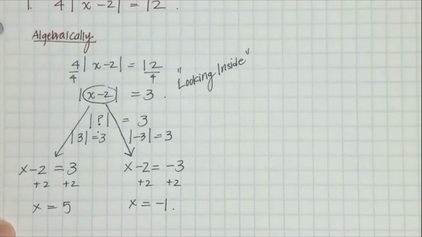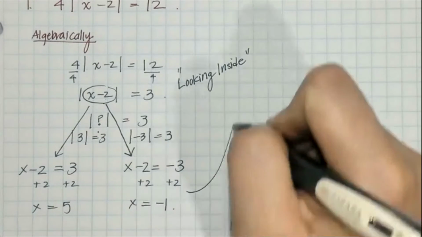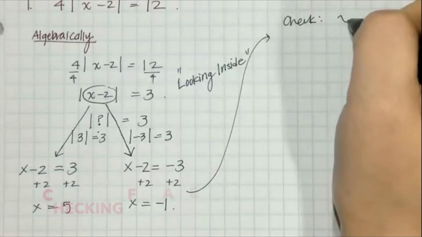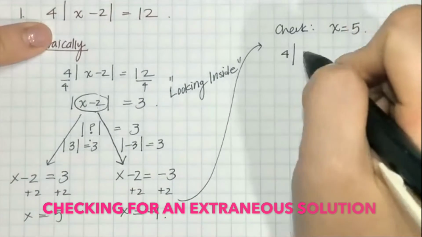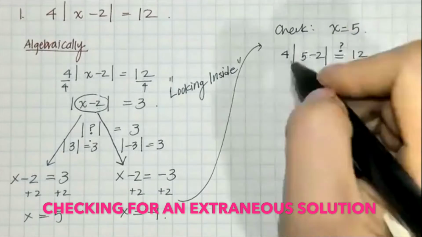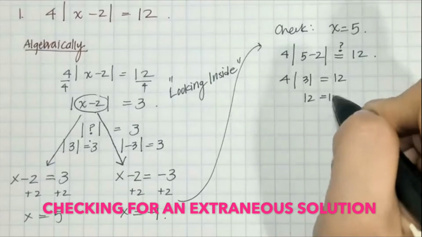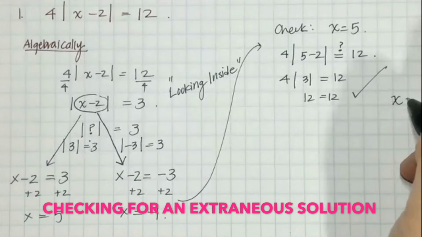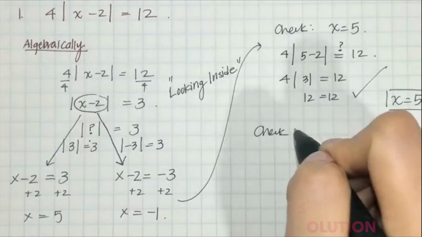But just in case we have any extraneous solution, we want to check this. So let's check x equals 5 first. 4 times absolute value of 5 minus 2, does that equal 12? And looks like it is. So x equals 5 is a solution. Let's check negative 1.